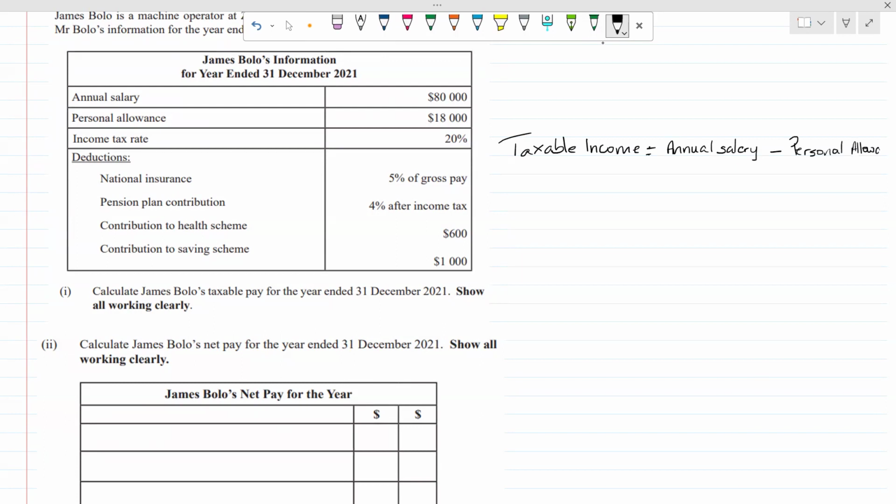Right? The personal allowance is an amount which cannot be taxed. So we first need to subtract that from the annual salary to determine what the taxable income is. Right? So you only pay tax on taxable income. So 80,000 minus 18,000, we're talking about $62,000 is his taxable income.